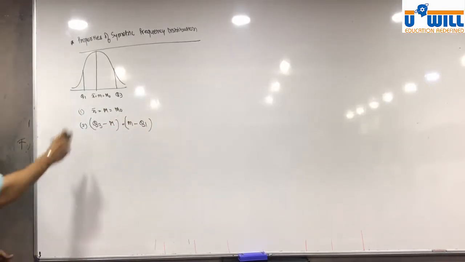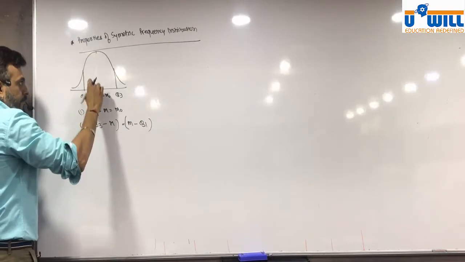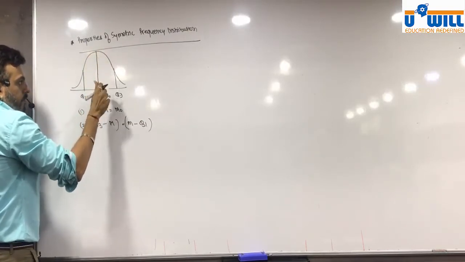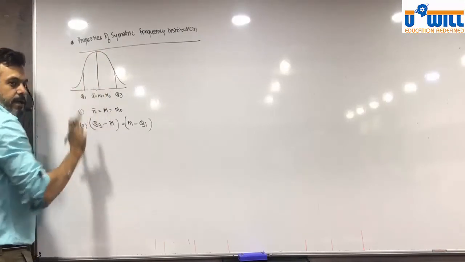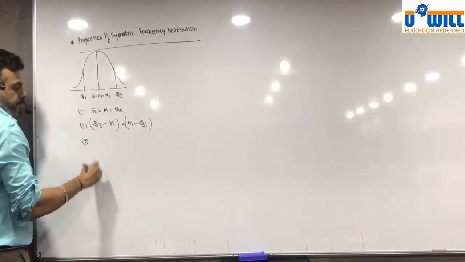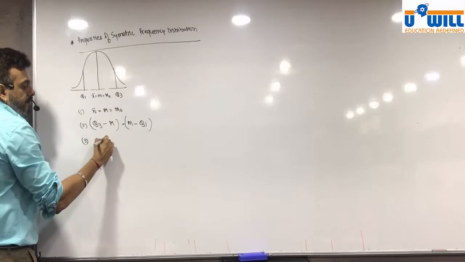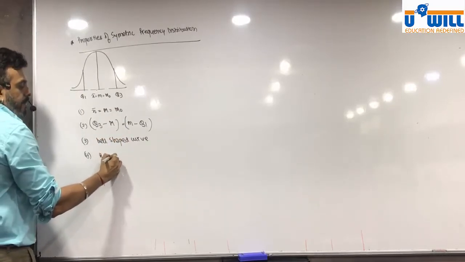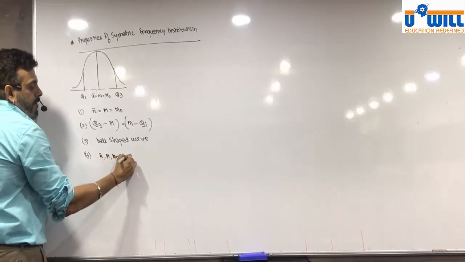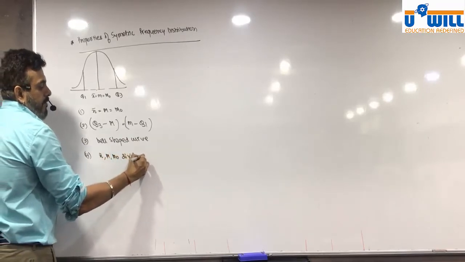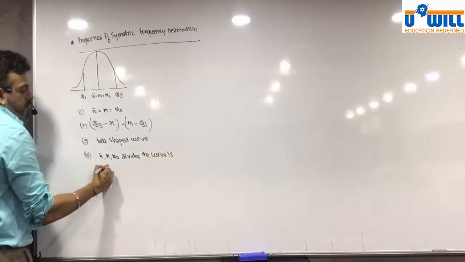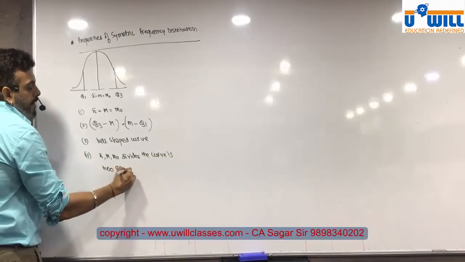Understood this? So this area will be equal. Third, it is a bell-shaped curve, mean, median and mode divide the curve into equal parts.